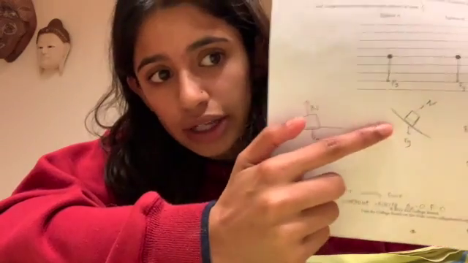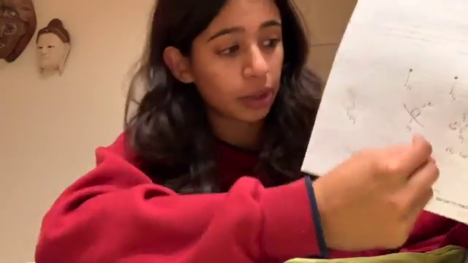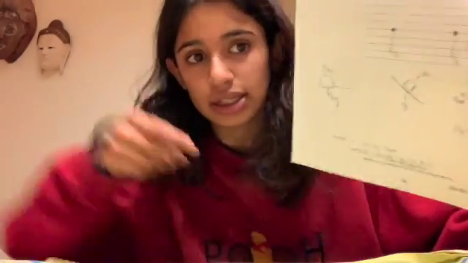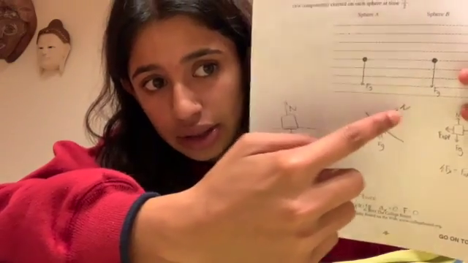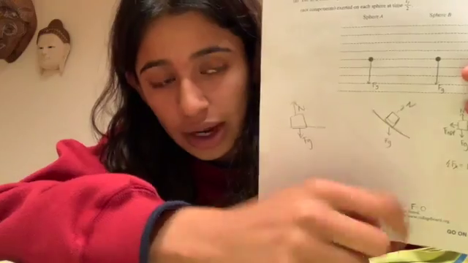The free body diagram that I drew right here has normal force, which you might think would be opposite of gravity. However, normal force is perpendicular to the surface that the object is resting on, not always opposite to the force of gravity. So on this inclined plane, it would actually not be opposite. As we can see, this arrow is not opposite that arrow. If it was, it would be pointing straight upwards, right?